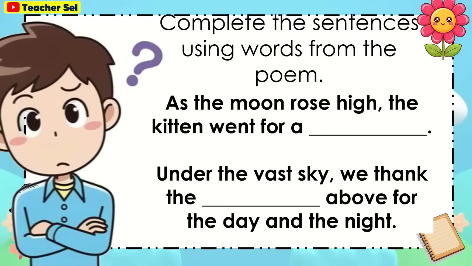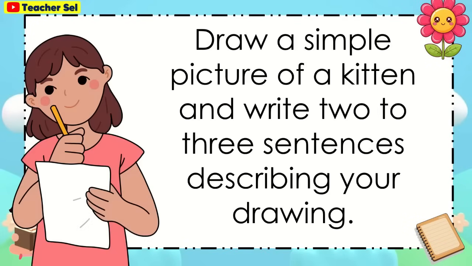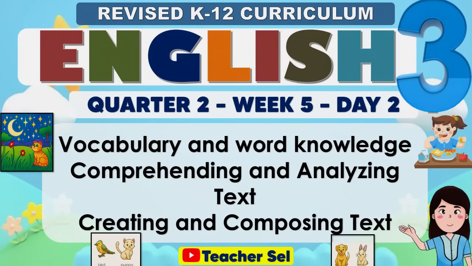As the moon rose high, the kitten went for a walk. Under the vast sky, we thank the Lord above for the day and the night. Draw a simple picture of a kitten and write 2 to 3 sentences describing your drawing.